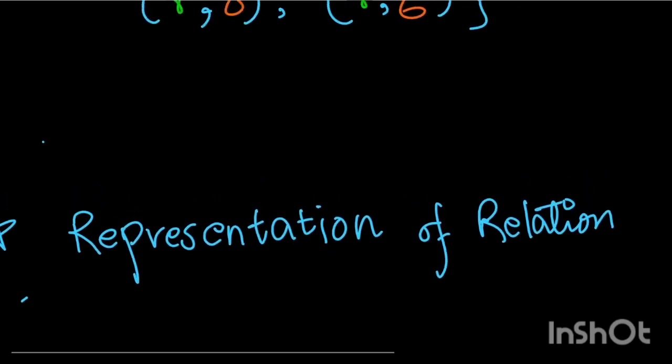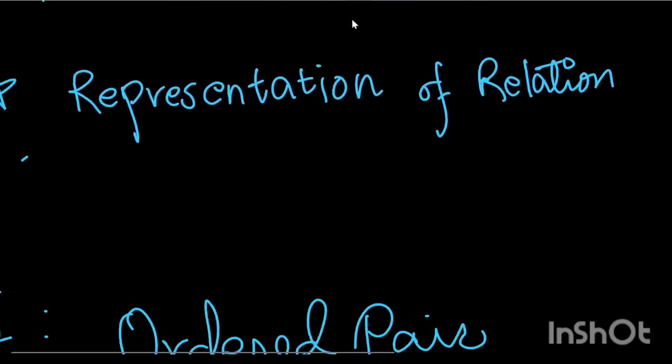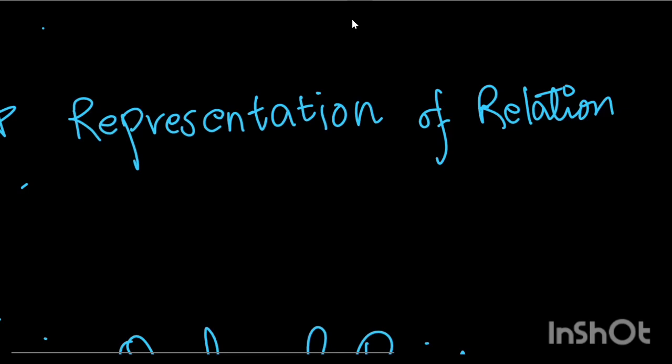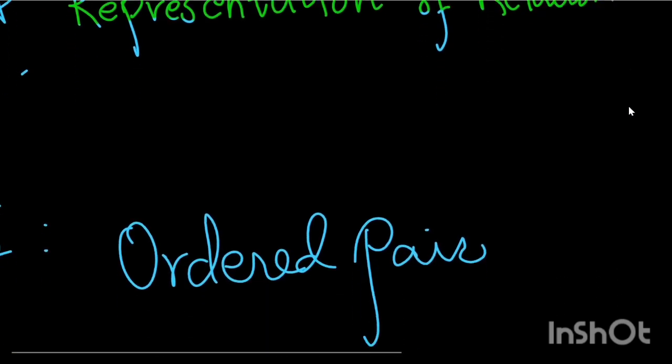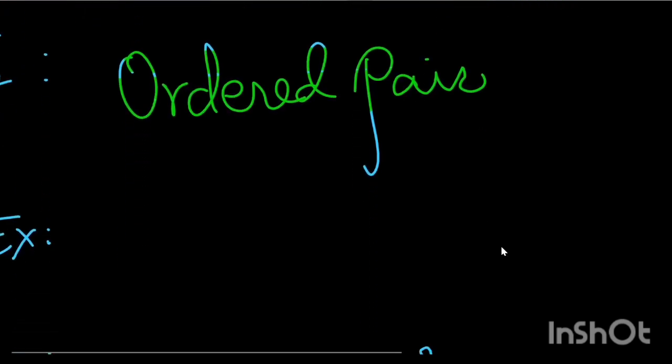Now, guys, let's see what we mean by representation of a relation. While defining it, we wrote the relation in the form of ordered pairs. So the first obvious way of representing it, and it is quite frequently used as well, is ordered pair representation.